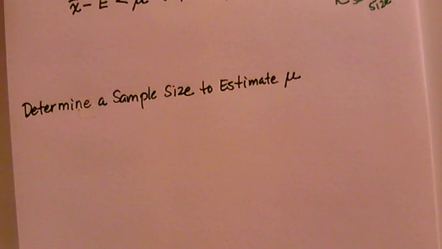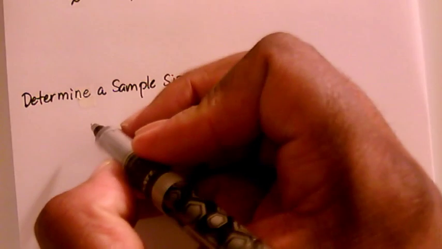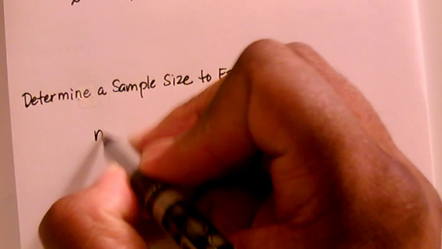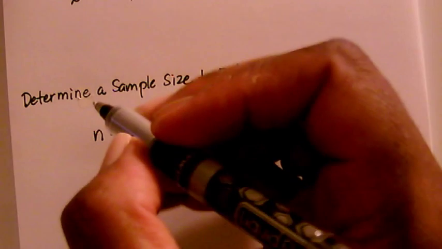So let's just say determine a sample size to estimate mu. Alright, in this particular situation here, the only requirement is that you must have a simple random sample, and the formula for finding the required sample size to estimate a population mean would be this.